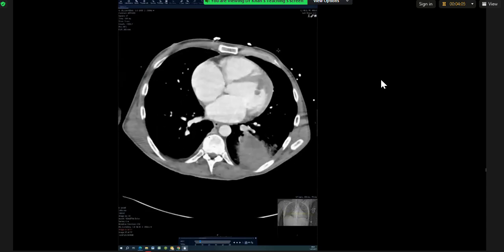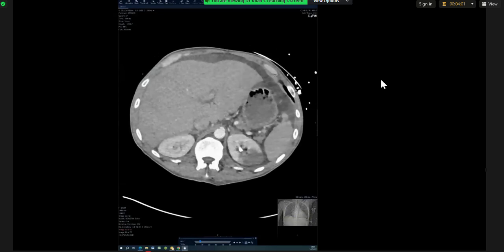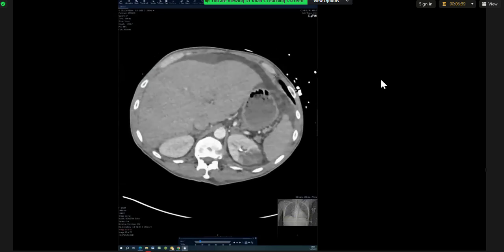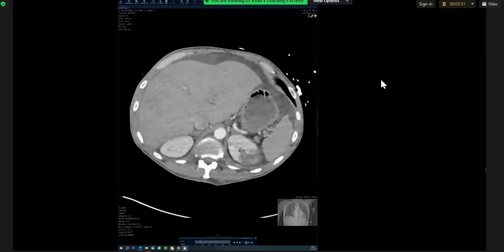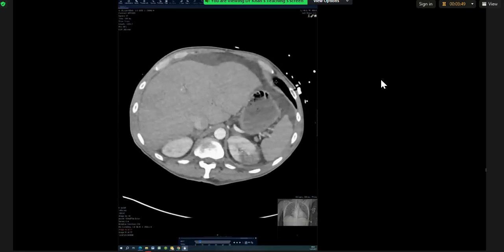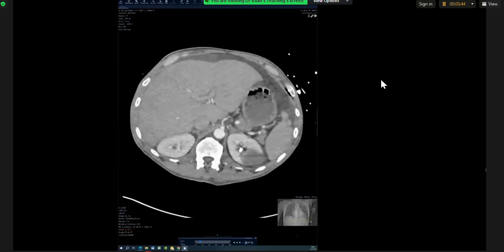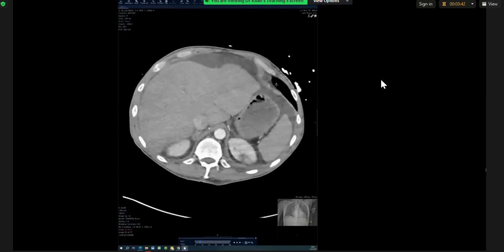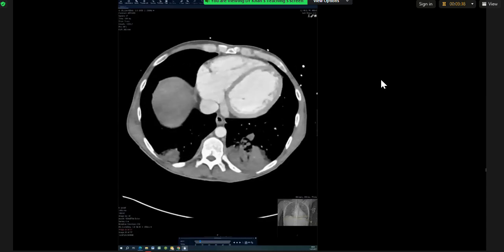I also noticed that in the left kidney there was a wedge-shaped area of hypoattenuation extending to the renal cortex. I cannot appreciate a cortical rim sign. I would interrogate the left renal artery in detail to exclude a filling defect. However, this appearance is suspicious for a left renal infarct.